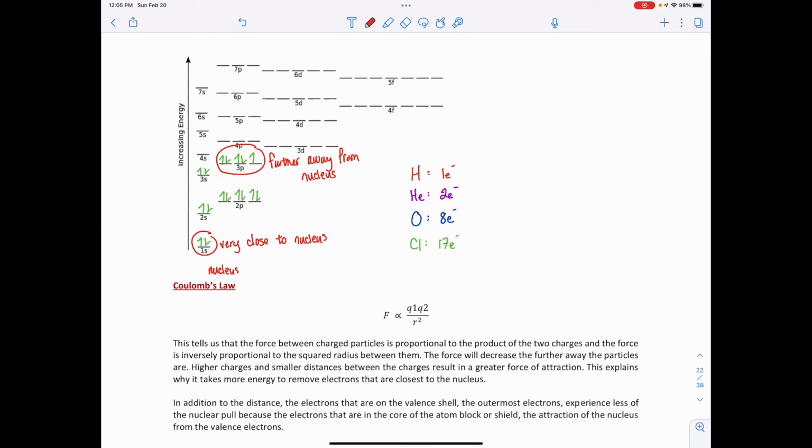Whereas if you keep removing electrons, and when you're about to try to remove these electrons, that is going to require a lot more energy because the distance between these electrons and the nucleus is a lot smaller. And according to Coulomb's law, that smaller distance results in a stronger force of attraction.